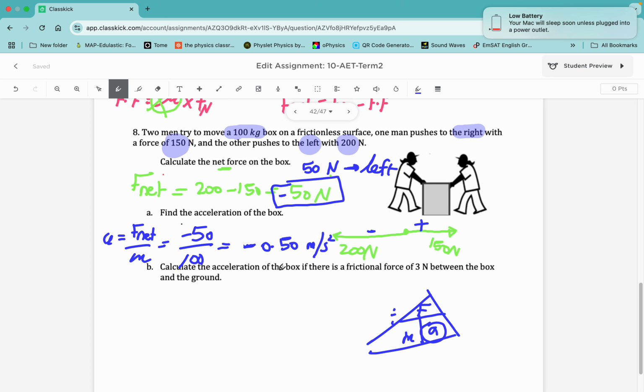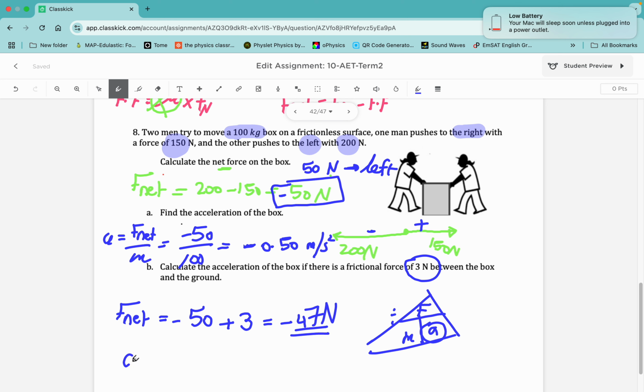Now, calculate the acceleration if the friction force becomes 3. So now we're going to have an additional force. The net force was negative 50 Newtons, but here 3 more will be added, and it has a negative sign, so the total will be negative 47 Newtons.